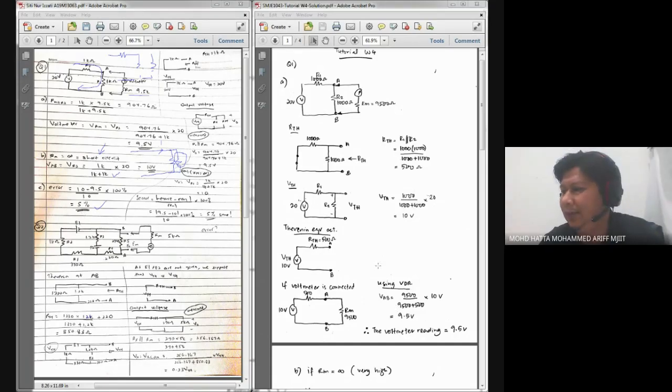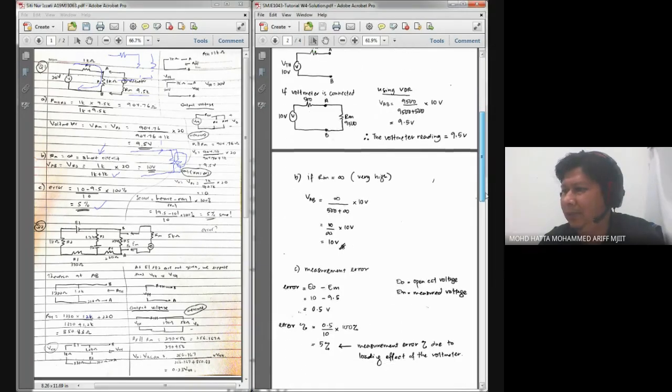So if you look at my solution for question number B, if RM is very high, I just use this formula back. RM, I put it here as infinity, and you will see that you will get the same solution as Izati and the one who asked just now. The value should be 10 volt as well.